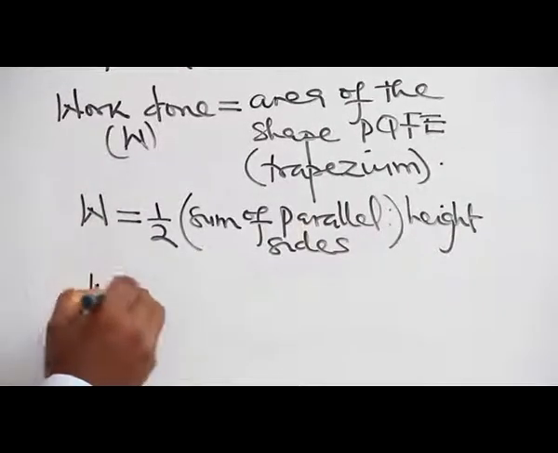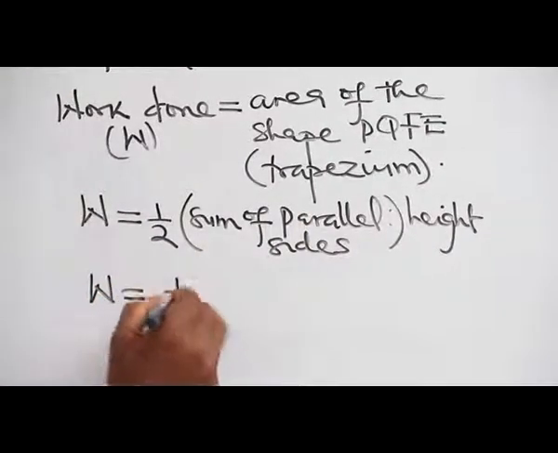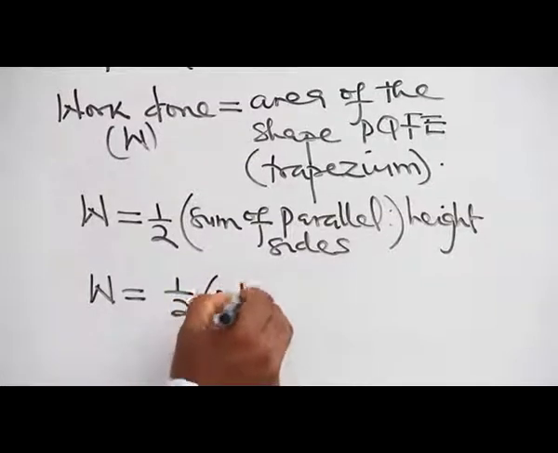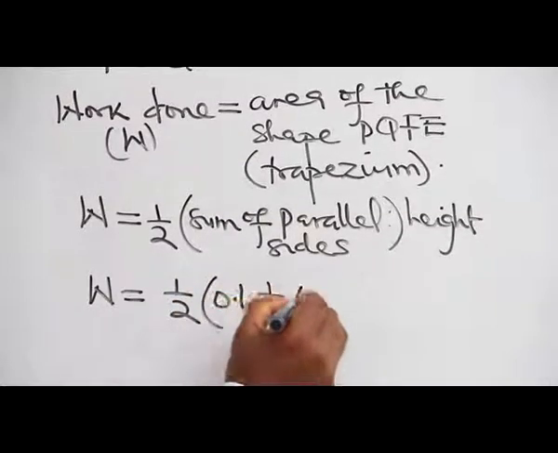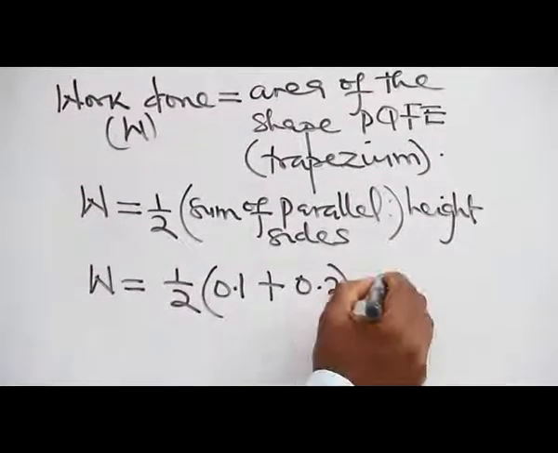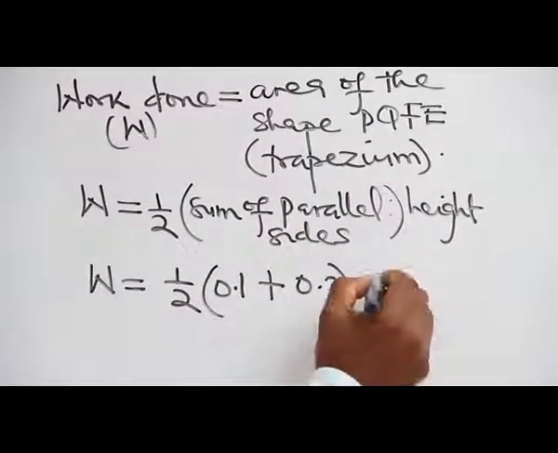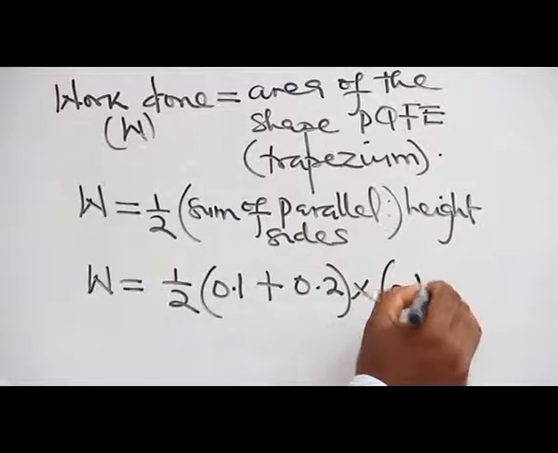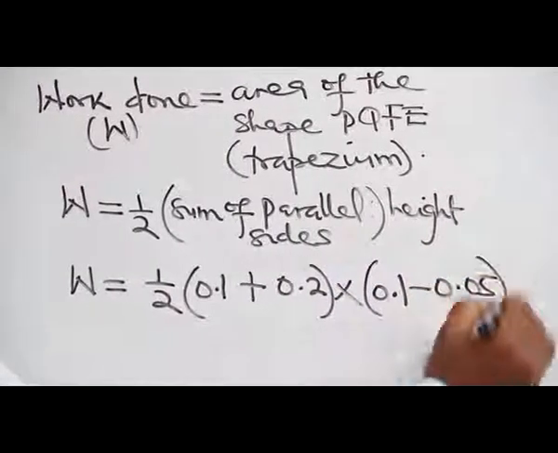That will give us half times 0.1 plus 0.2 times the height, which is the difference in the two extensions, 0.1 minus 0.05.